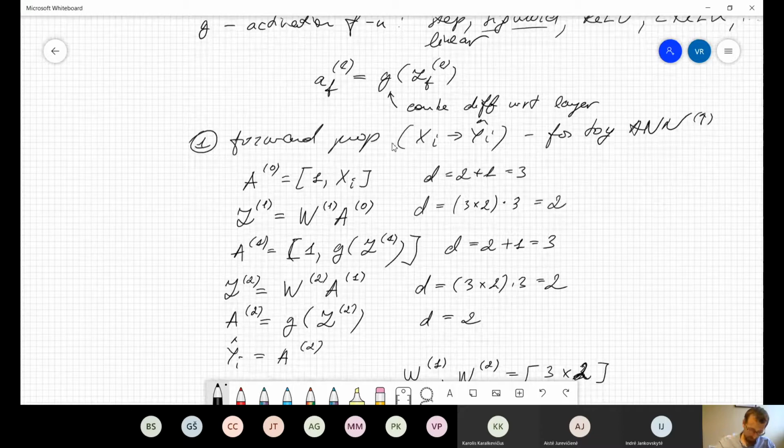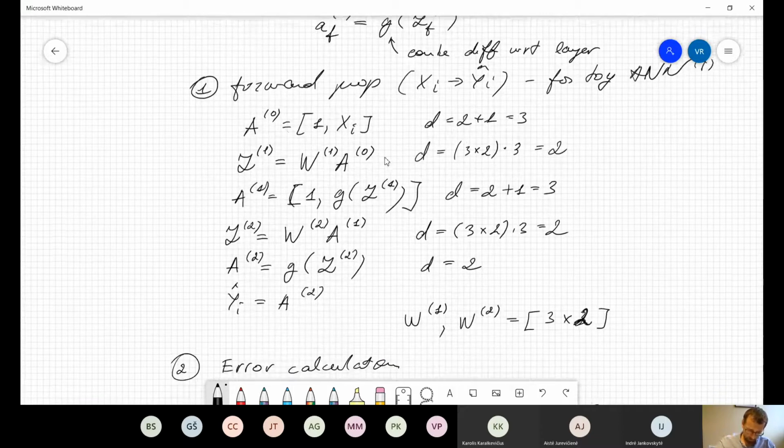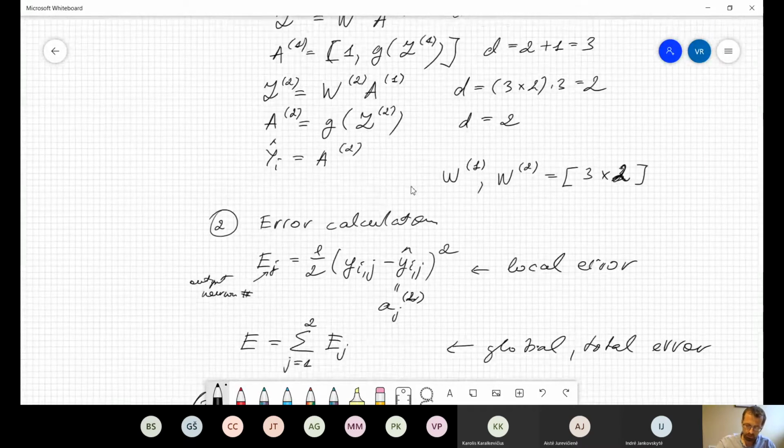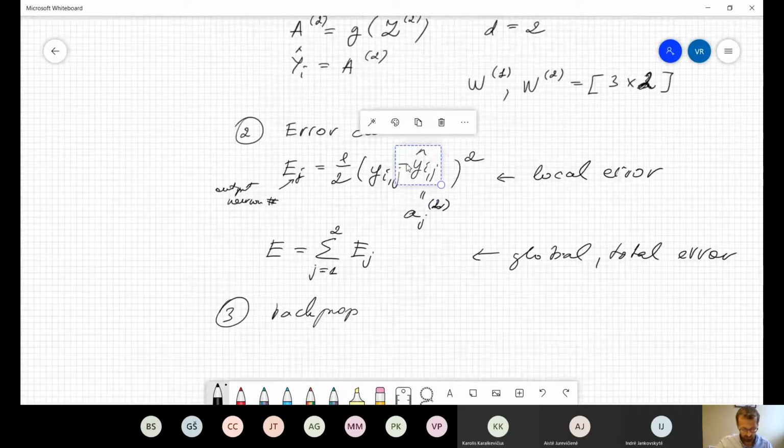So these were the few steps of the forward propagation. We had A0, Z1, A1, Z2, A2, and the final A2 is equal to the output vector. Okay, these were various dimensions of matrices.